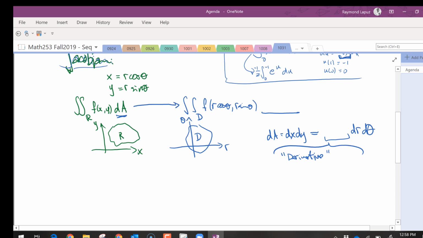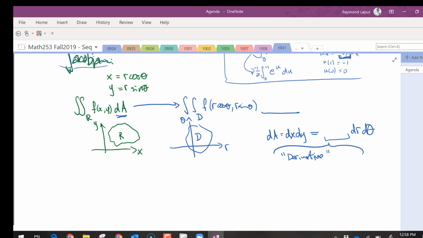So how many derivatives do you think are going to be involved there? Like 4 derivatives, right? So if we look at x as a function of r and theta and y as a function of r and theta, that looks like 4 derivatives.